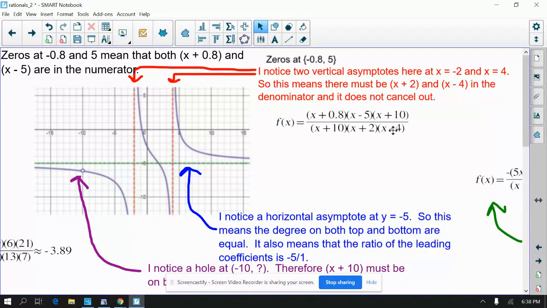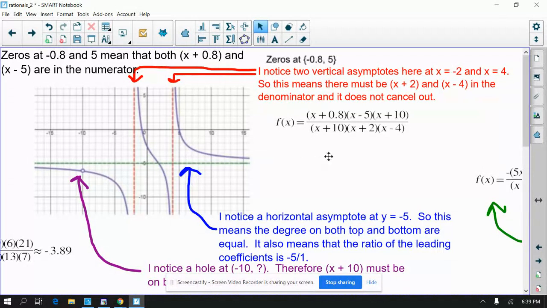If I were to multiply the whole bottom out, my leading term, my first term, would be 1x cubed. So 1 divided by 1 would be 1. And the way this is, you would have a horizontal asymptote of y equals 1. And I don't have that. I have a horizontal asymptote of y equals negative 5. So how do you continue from here?